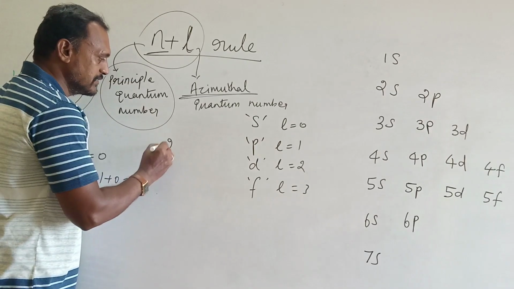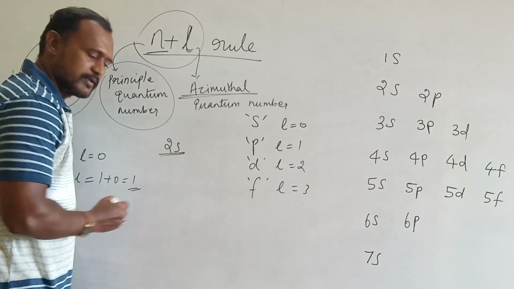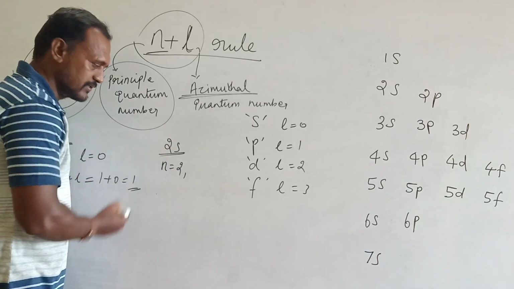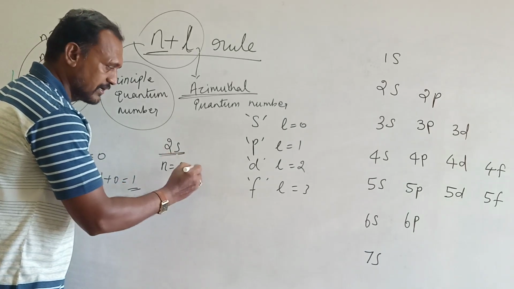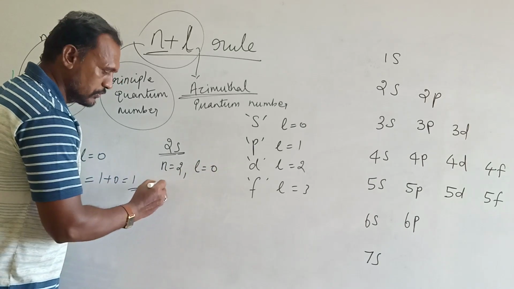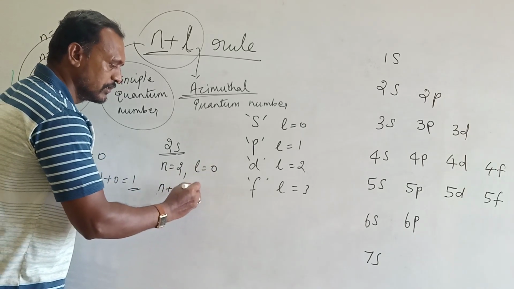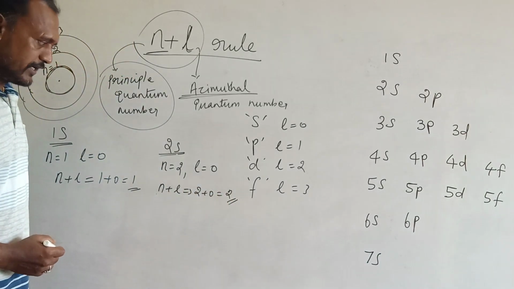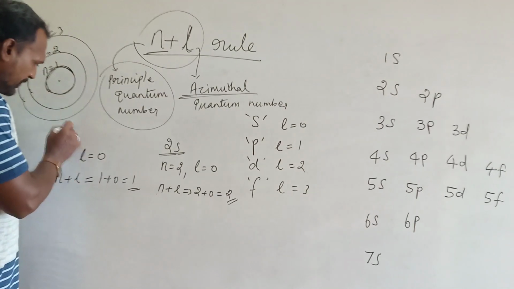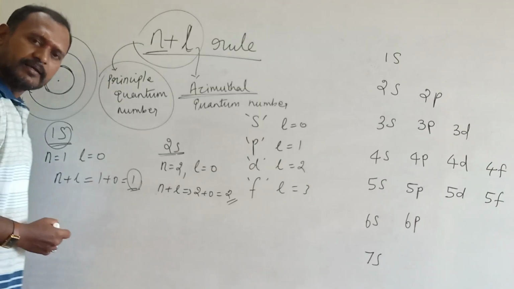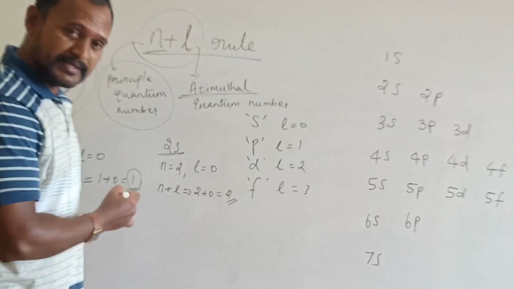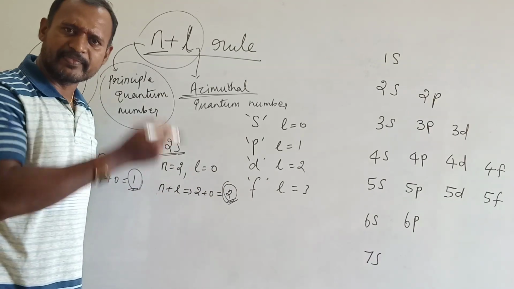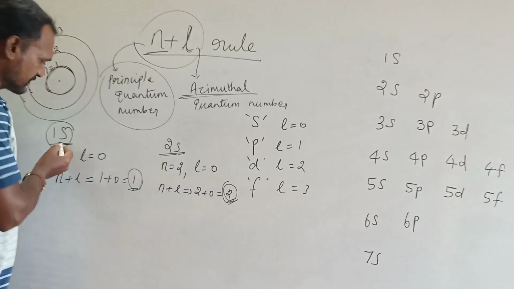Then for 2s subshell, n value 2, because this is the second shell. Then for s, l value 0. So n plus l value is 2 plus 0 equal to 2. Okay, so n plus l value of 1s orbital is 1, n plus l value of 2s orbital is 2, which is higher than 1s.